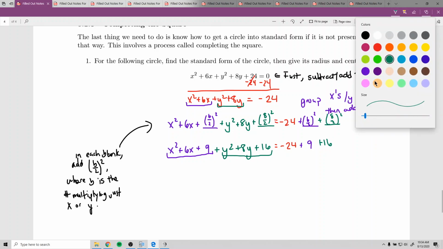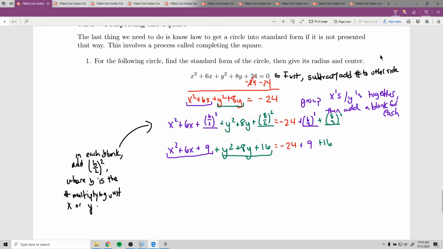And it's not only going to be able to be factored, but it's going to be the same factor twice. So if you add the correct number, like I did the 9 here, it should be the same factor twice. And if you don't get the same factor twice, either you're factoring wrong or you added the wrong number.